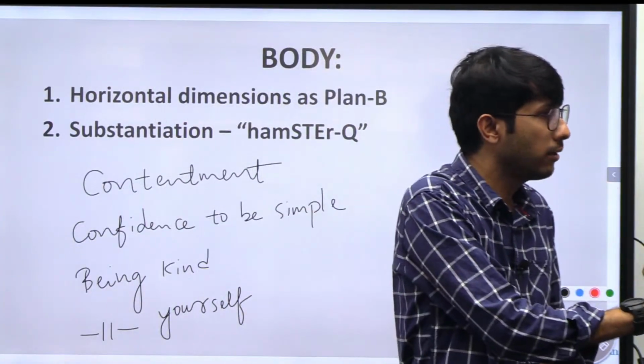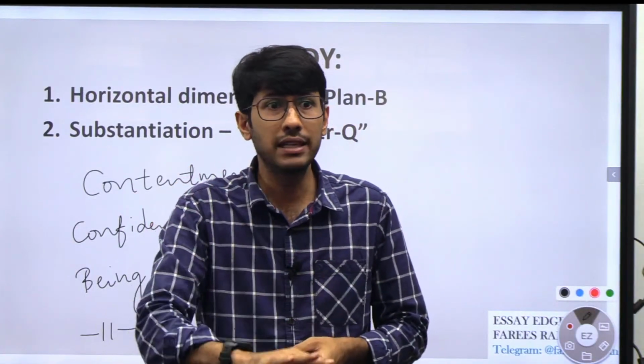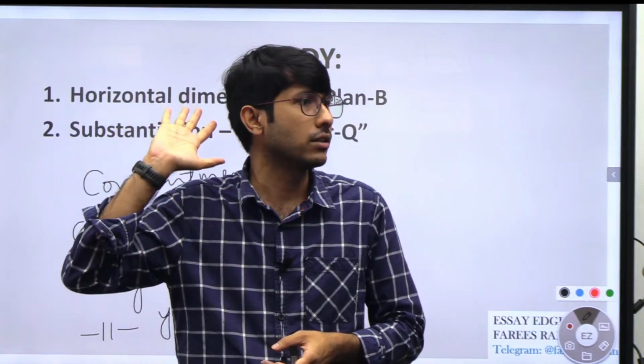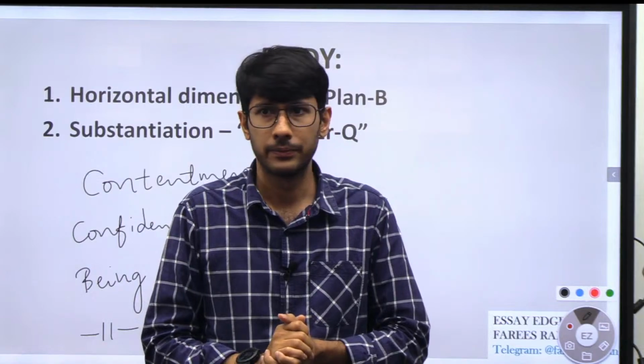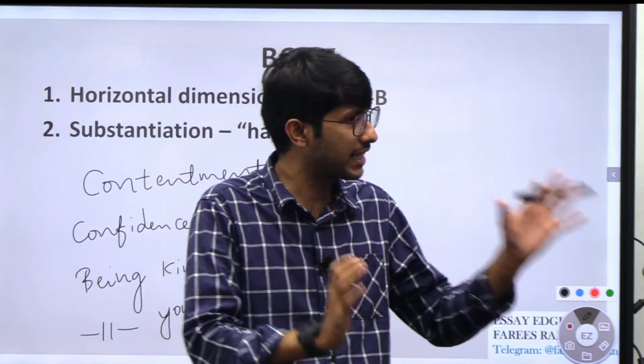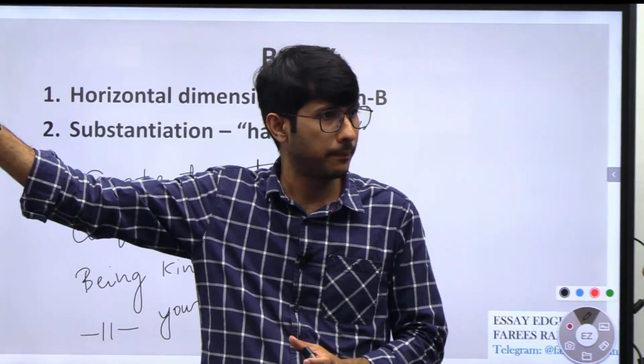So how is contentment related to simplicity is the ultimate sophistication? How can you relate? If I have to give an explanation, simplicity is the ultimate sophistication is the topic. Right?